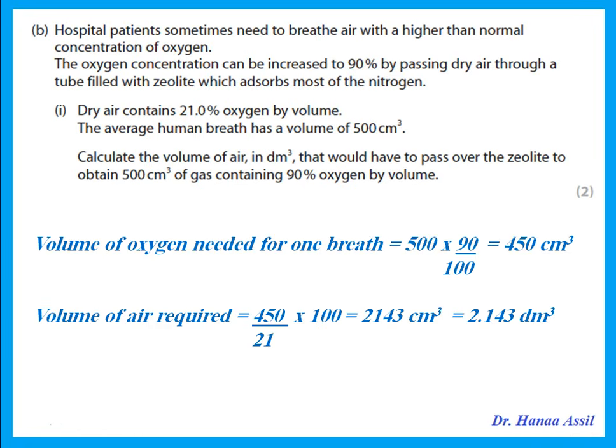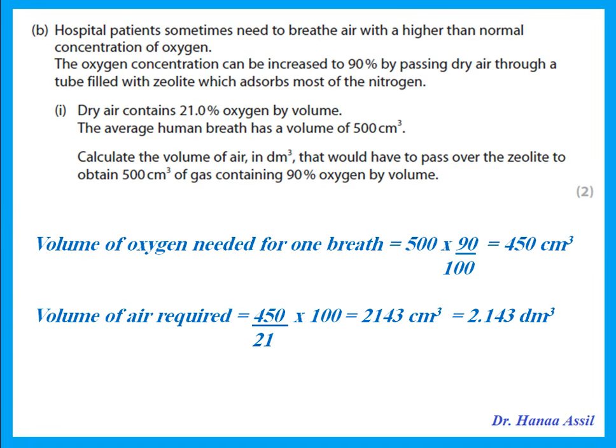Okay, so what we do is we find out the volume of oxygen needed for one breath. One breath needs 500 centimeter cubed, and if the gas is 90%, then that means I will need 450 centimeter cubed of oxygen.